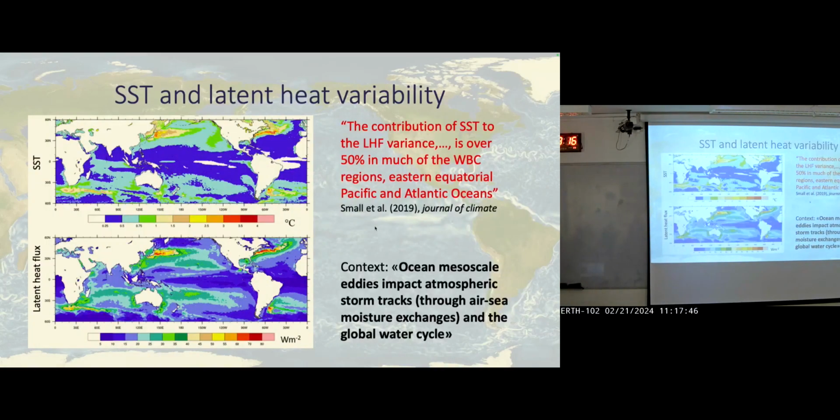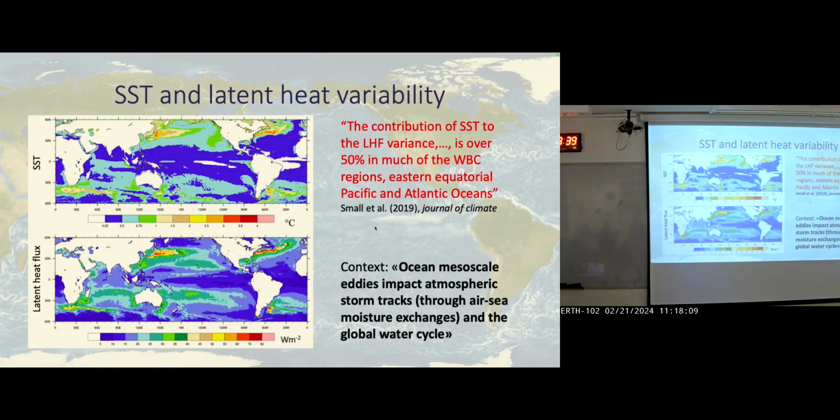So far I was talking about local effects, what happens above the eddies and above warm and cold anomalies, but now we also understand that these relatively small scale features may have an effect also on the large scale atmospheric conditions.